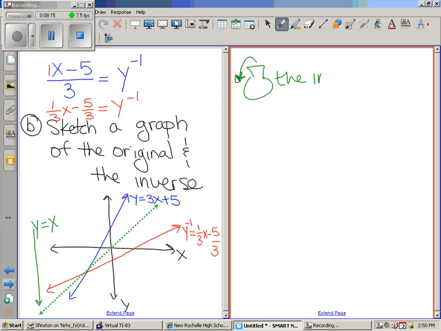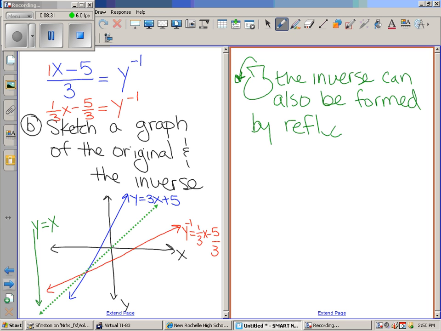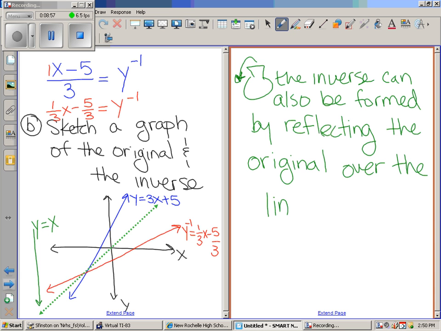The inverse can also be formed by reflecting the original over, whoops, line y equals x.